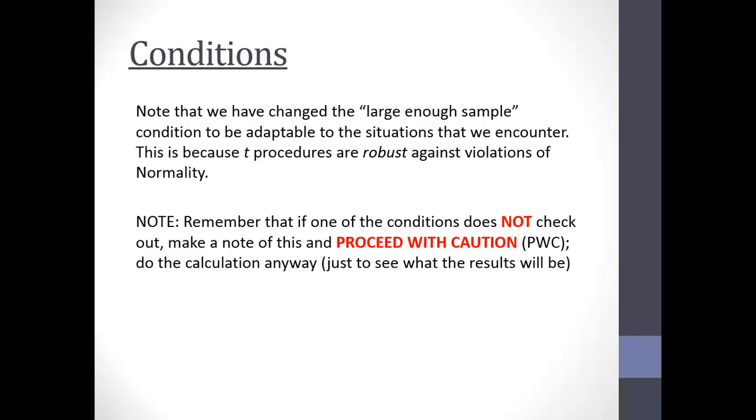In the real world, if the conditions don't check out, then you don't have anything to do. For the purpose of this class, we want you to go ahead and do the calculations anyway, just to see what the results are going to be, but make a note to proceed with caution, or give it the old PWC. And that's okay. In this class, just go ahead and do the calculations anyway, just to see what the result would be if you could do the procedure.